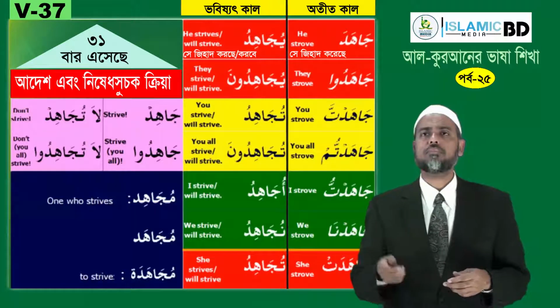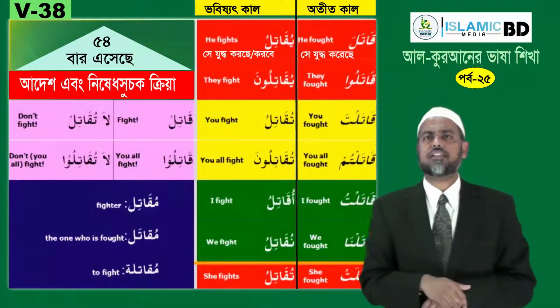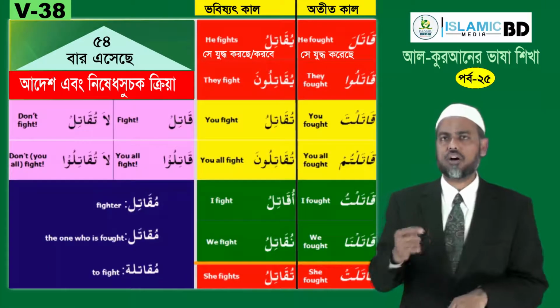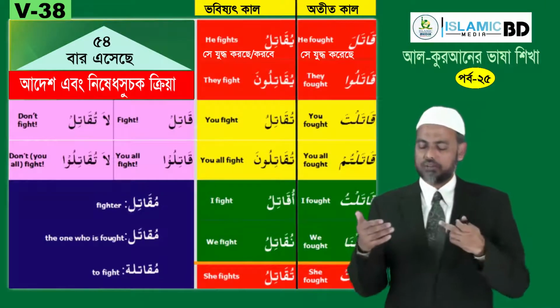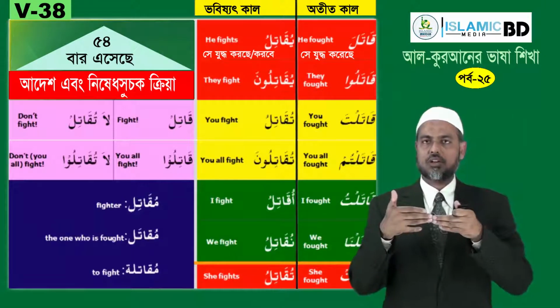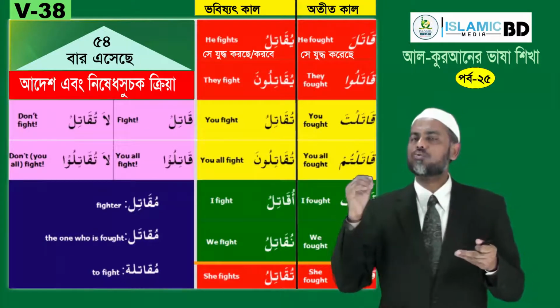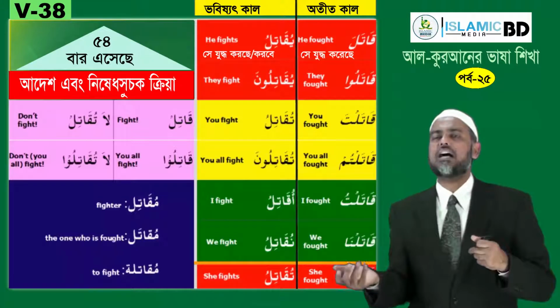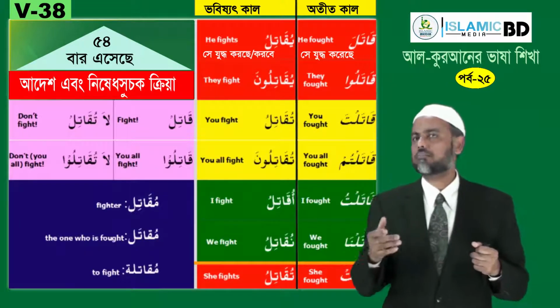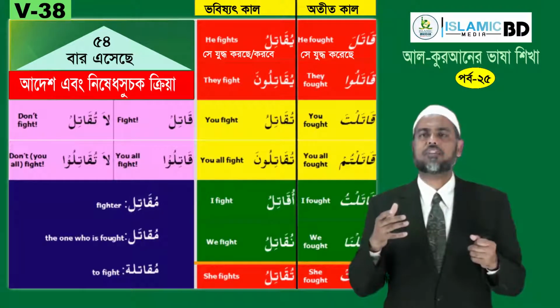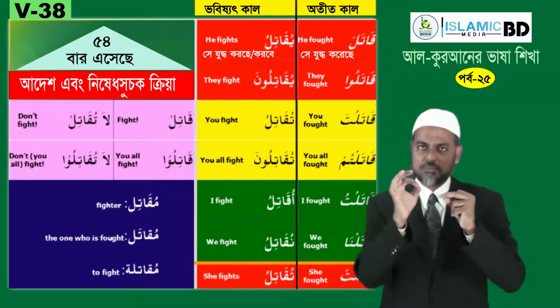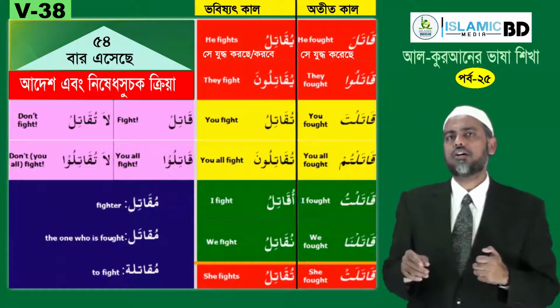Next verb is qatala. Qatala means he fought. Some people equate jahada with qatala. Qatala means to fight, but jahada is to strive. Jahada may include fighting, but not necessarily. Qatala specifically is fighting.